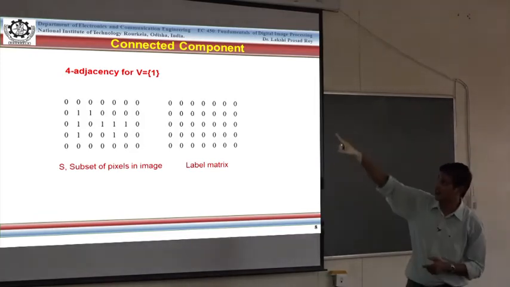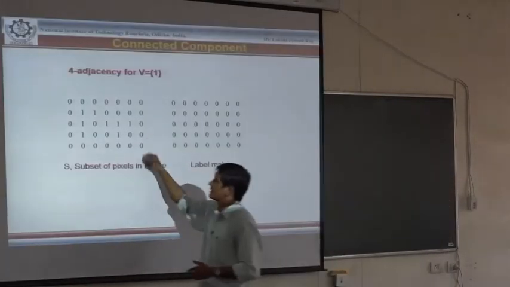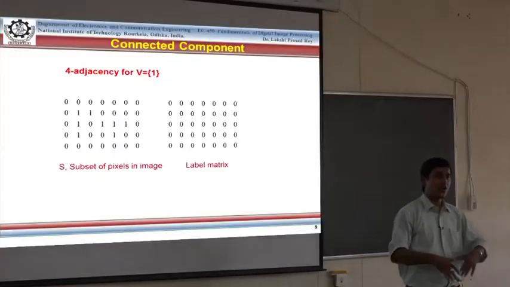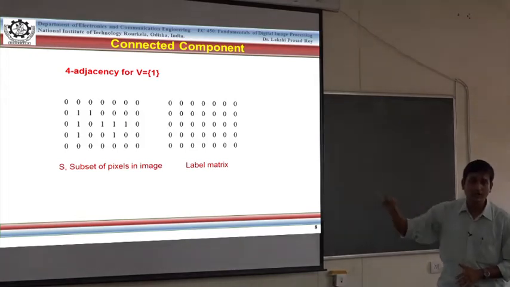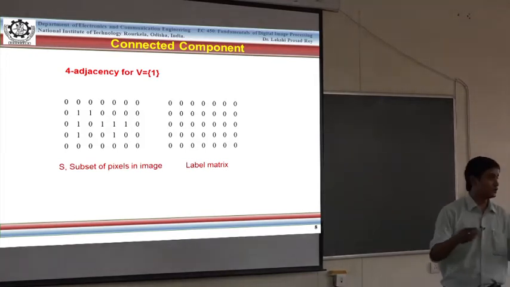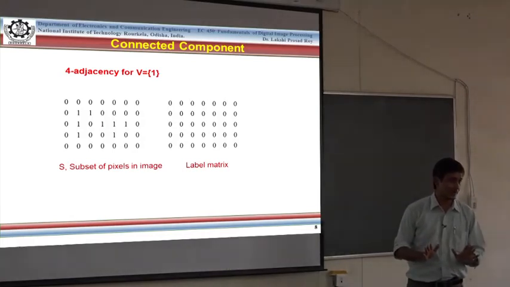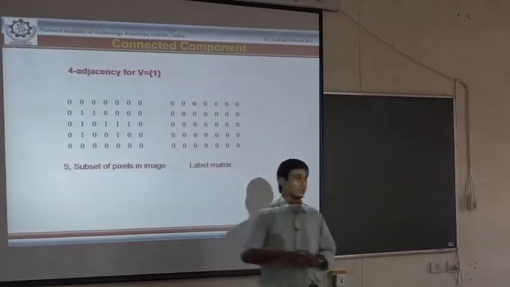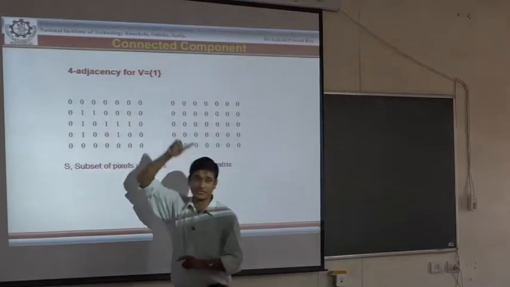Say, I have considered only 1 there. Again, in this example of this image, this is a sub image of a bigger image where the intensity values have only 0 and 1 values. It could be 2, 3, 4 also. Okay? Now, in that I would like to know who are the connected components or who are the connected pixels in this image.